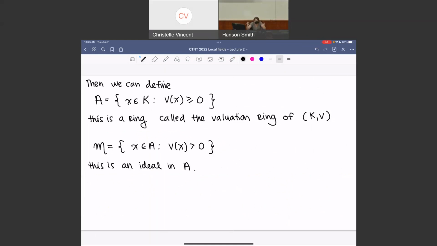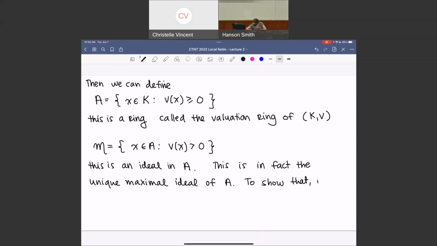This is in fact the unique maximal ideal of A. And to show that, it suffices to show that A minus M, set minus, is all units.